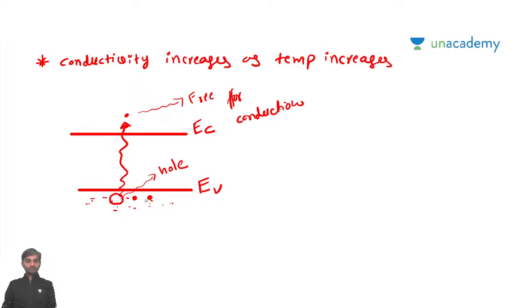Remember this point. So there's nothing called hole. Is the point clear? Okay, there's nothing called hole, but the absence of an electron is called hole. So whenever an electron moves from valency band to conduction band, it leaves a hole. We call it a hole created in the valency band.